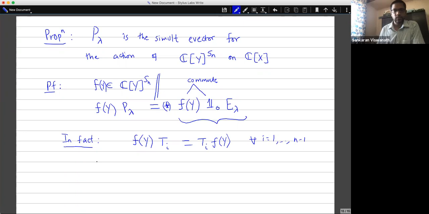Let's quickly see why this is the case. Let's use the taus instead of the t's to prove it. There are often situations where you can happily change the t's to taus, and often the proofs are easier in the taus, and then you see if it works here. So instead of this, let's just look at the taus. Recall this formula: how do the y's and the taus commute? That's the nice commutation relation in some sense.